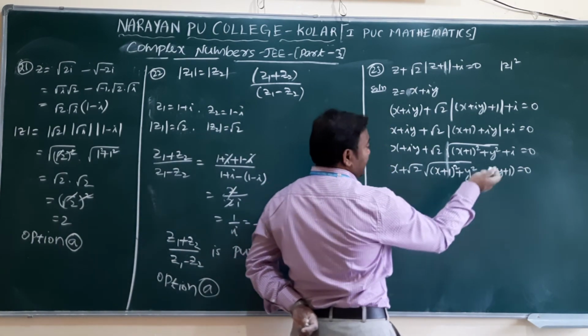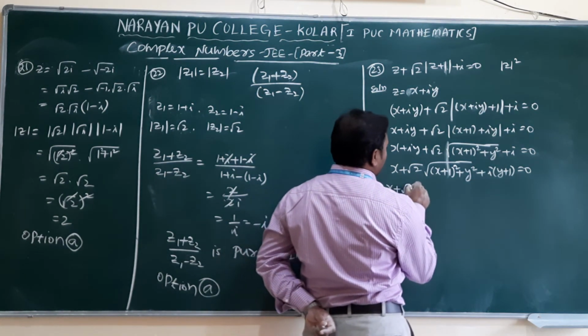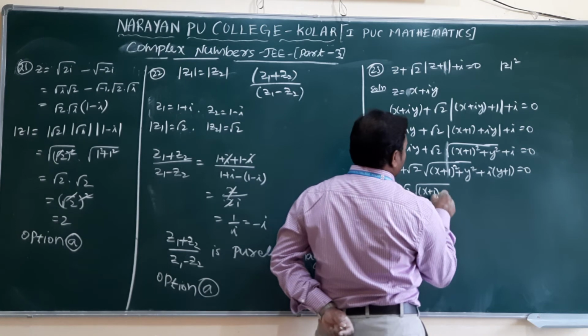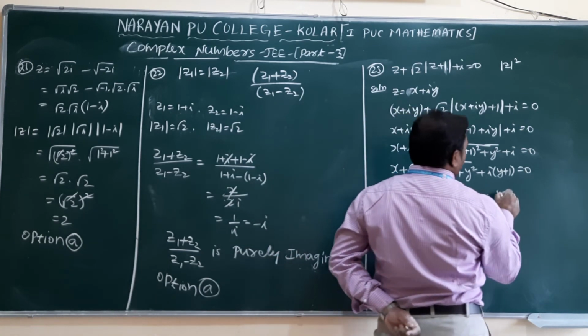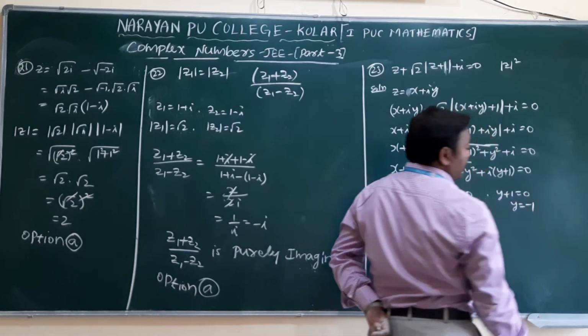We are equating RHS, we are getting x plus square root of 2 times the square root of (x plus 1) whole square plus y square is equal to 0, and y plus 1 is equal to 0, so the y value is minus 1.